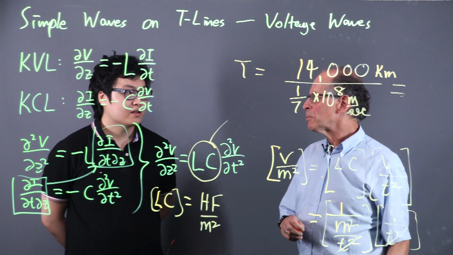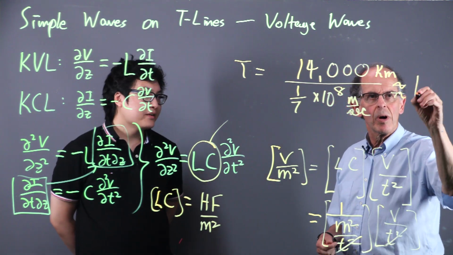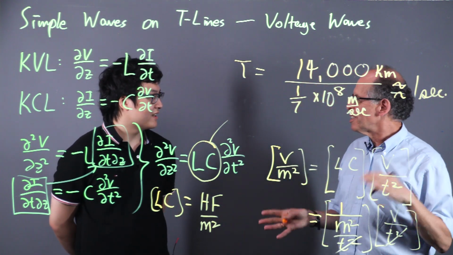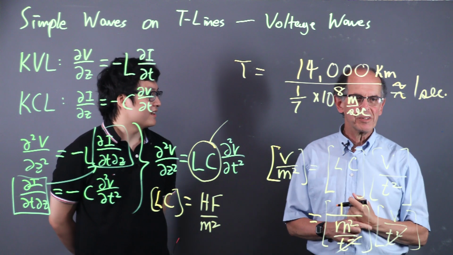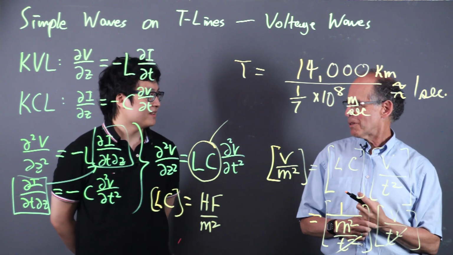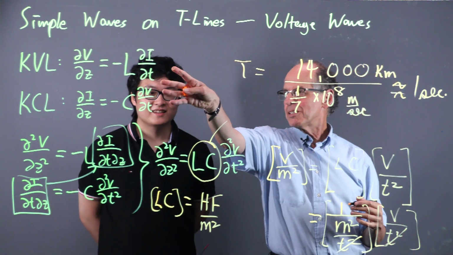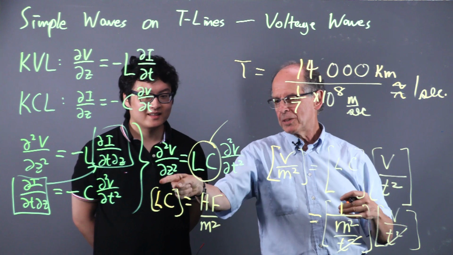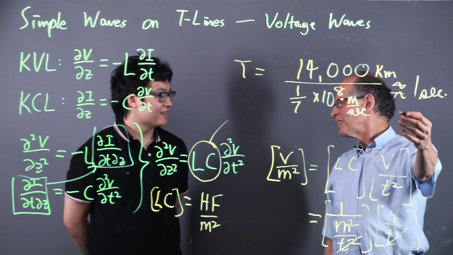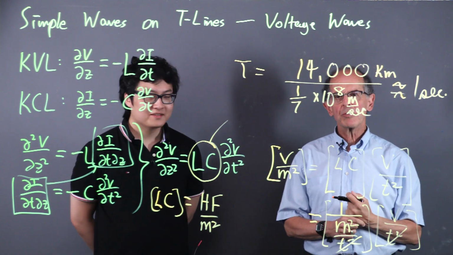Doing the algebra, which is straightforward, we end up with about 1 second. The wave will travel from one side to the other, 14,000 kilometers, in about 1 second, and that's a slow wave for the transmission line. So finally, after all this hard work, getting the equations here and the wave equation here, we have been able to calculate the charging time on the line, and everything is starting to make sense.